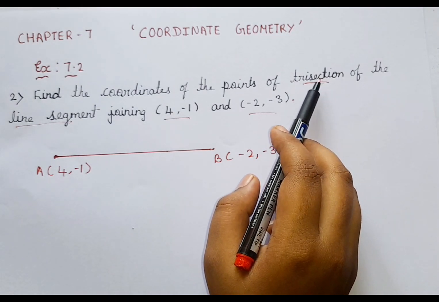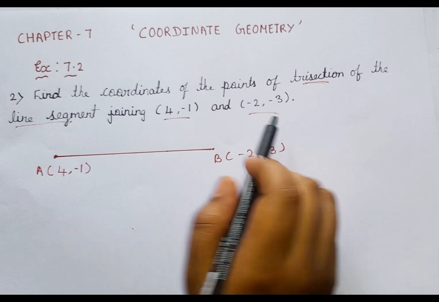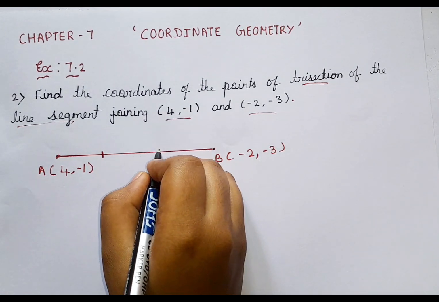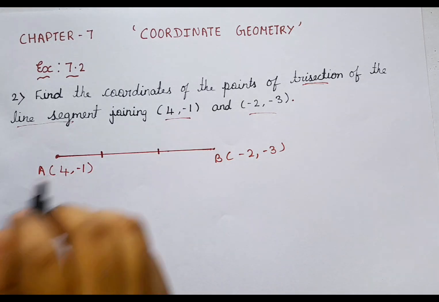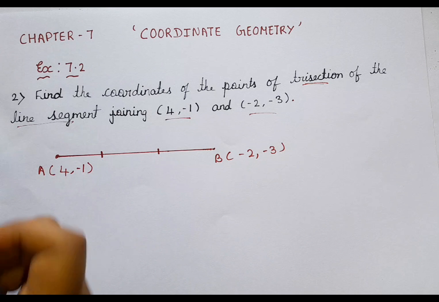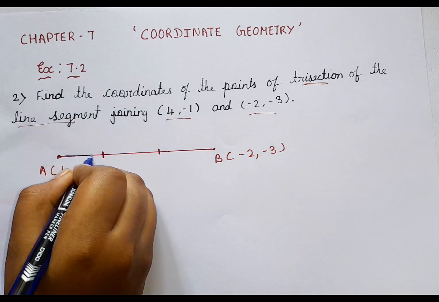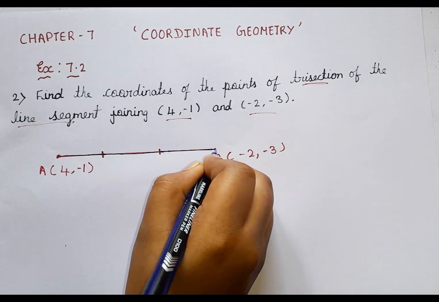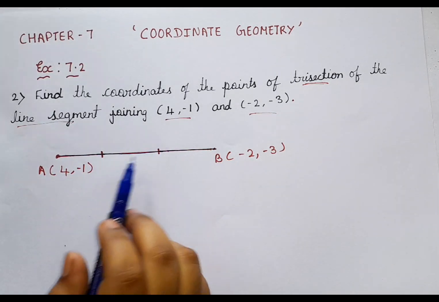So what is the meaning of trisection? For example, if I draw 2 points like this, when you look at this segment carefully, here we have a part, here also a part, and here also a part. So it is dividing into 3 equal parts.